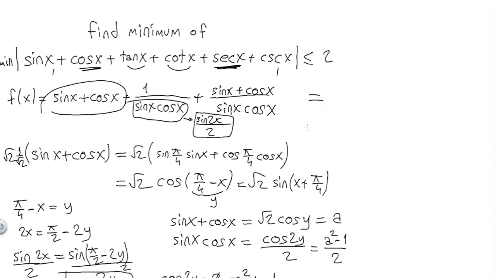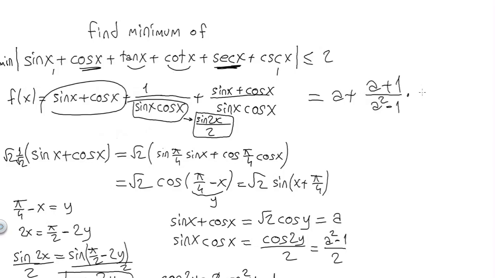So it's equal to a plus, and I can just add them at the top: sine x plus cosine x is a, and this is 1 over a squared minus 1 over 2. So I'm just going to flip it. This is a squared minus 1 times 2.